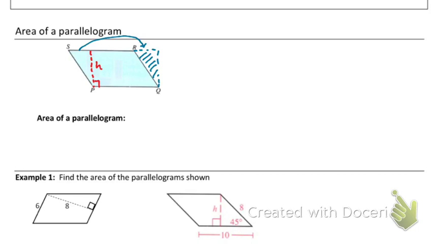So a parallelogram is actually just a rectangle that's slightly tilted. But I could take that tilt and add it to the other side, which makes it just a rectangle. And a rectangle has base times height. So this is the same area as a rectangle.